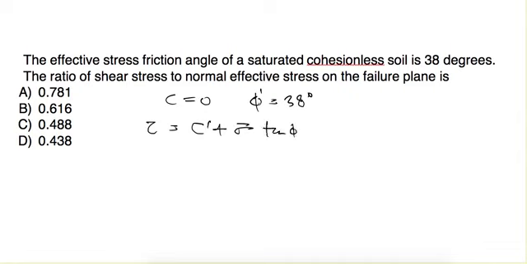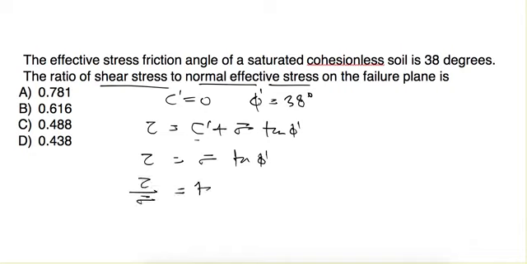If we write it in terms of effective stress, then C dash plus sigma dash tan phi dash. Now here cohesionless soil, it means C dash is equal to 0, tau is equal to sigma dash tan phi dash. Now they are simply asking the ratio of shear stress to normal effective stress, that is tau upon sigma, which will be equal to tan phi dash.